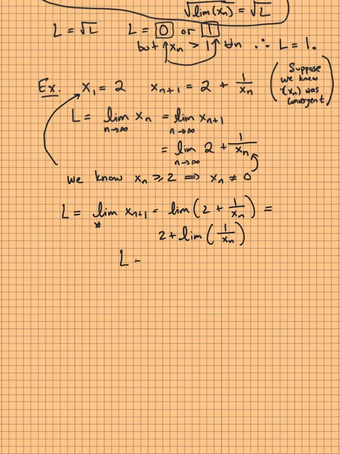So L is equal to 2 plus 1 over L. Now, we can solve for L. And you get the equation L squared minus 2L minus 1 is equal to 0, which gives you L is equal to 1 plus the square root of 2.